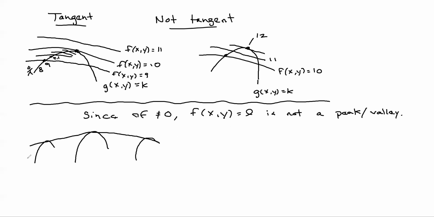It's the side of the hill, and since f of xy equals L is the same, it represents the side of the hill that's at the same height. So if you were walking along the side of the hill and the height does not change, then that's our f of xy equals L.